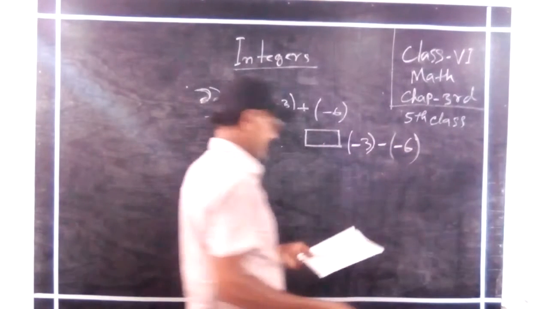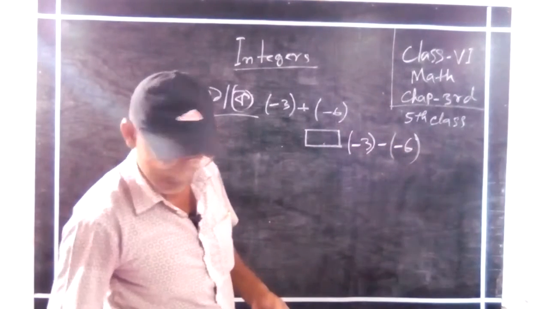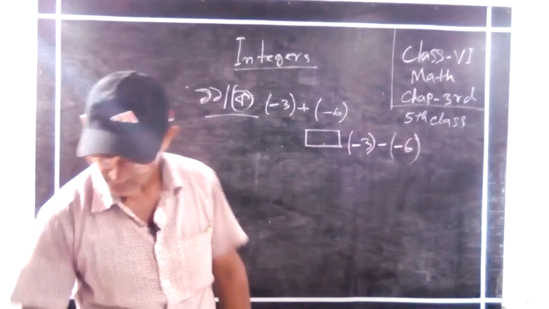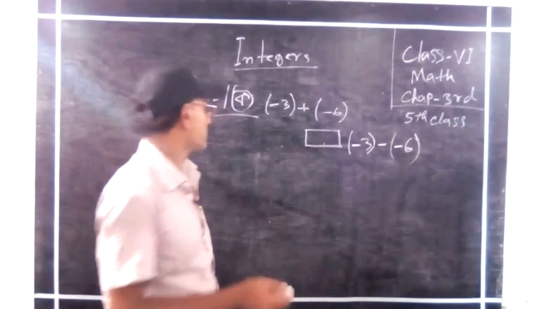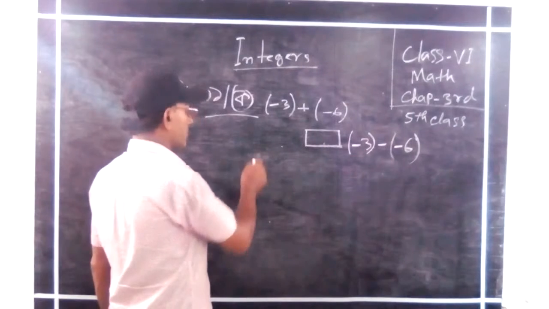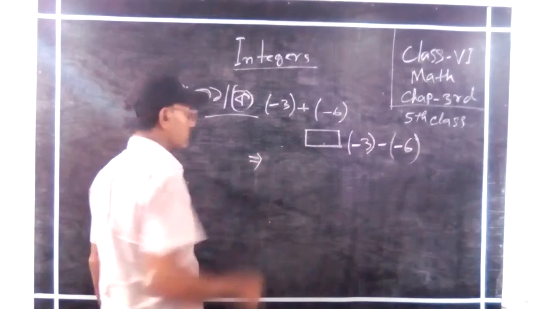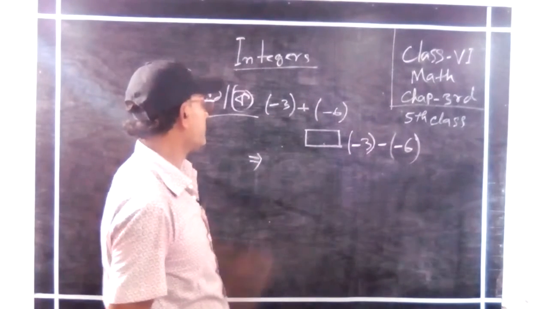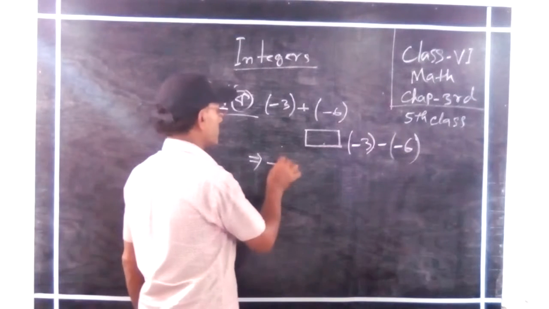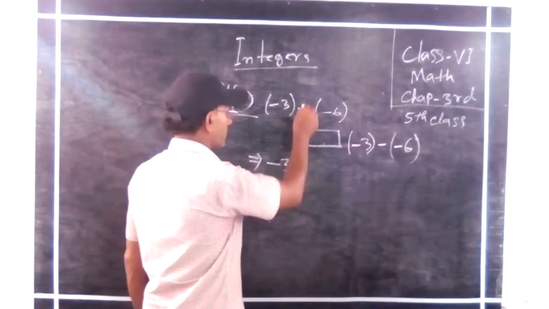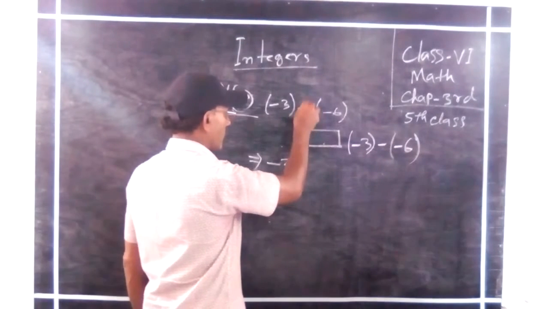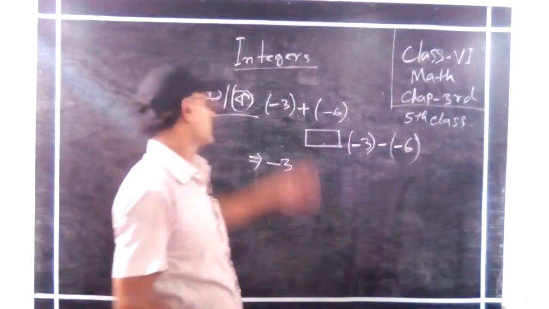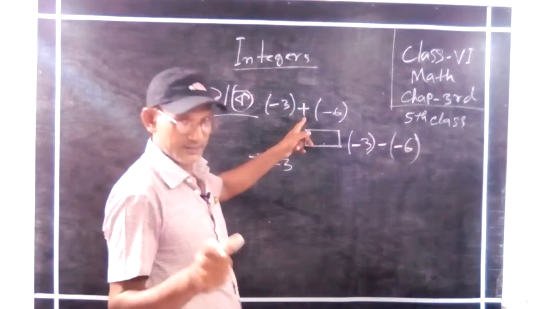Here it is. Then we will do the solution. Minus 3 means minus 3. Next, we have seen the plus sign.